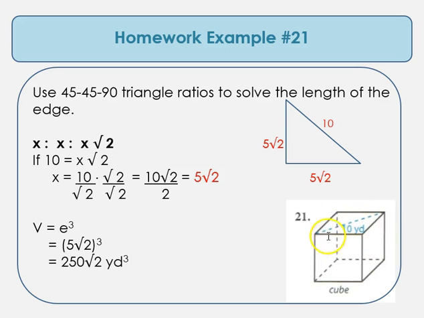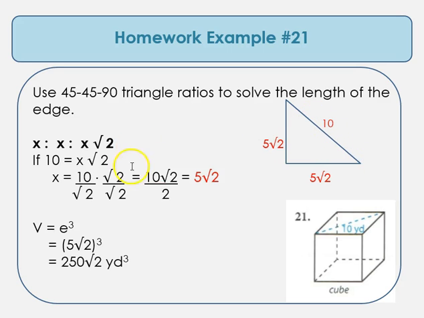They tell you it's a cube, and it has a diagonal on the base. So that is 10 yards. So that's your hypotenuse. So I've redrawn the triangle. There's the hypotenuse there. And what we have to do is solve for the side lengths so we can use our formula for a cube. So here's the ratio, x, x, and x square root of 2.